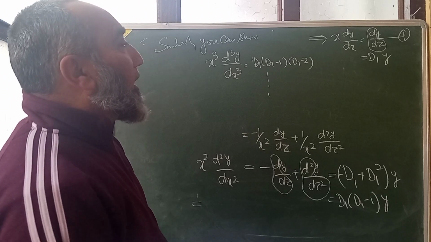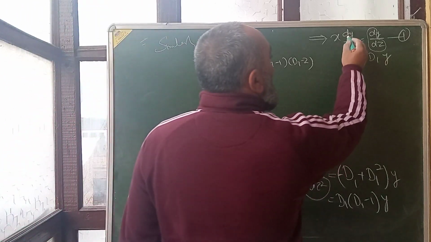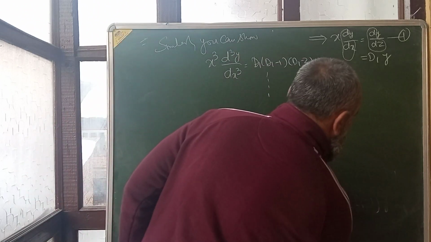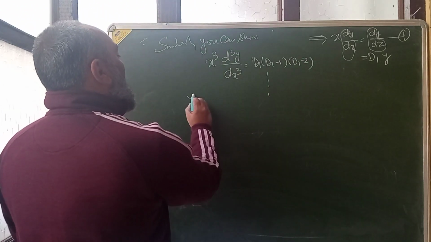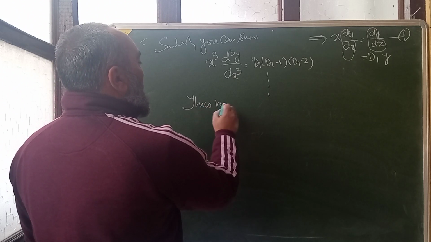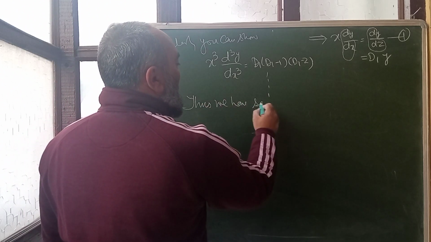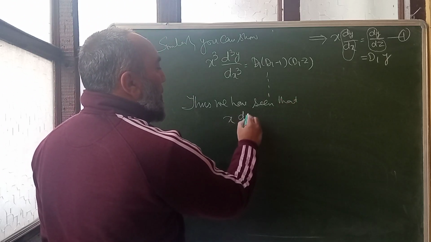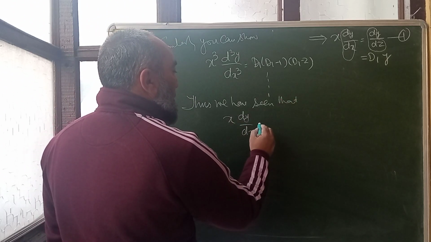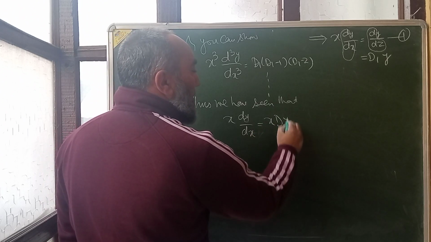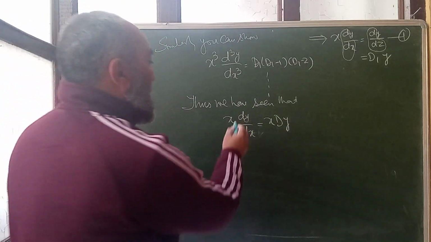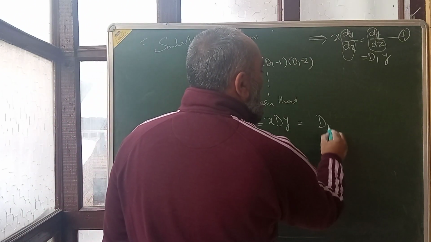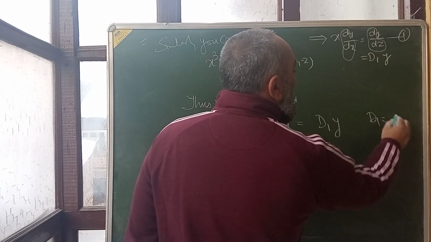So in short, thus we have seen: x dy by dx is D1 y, and your D1 is d by dz.